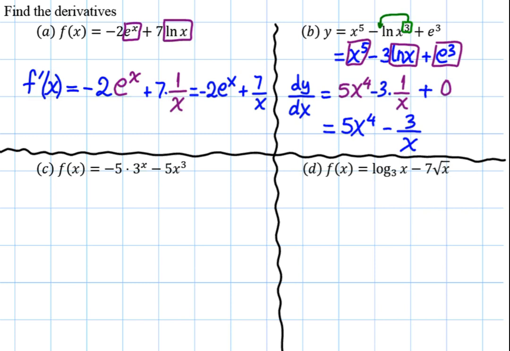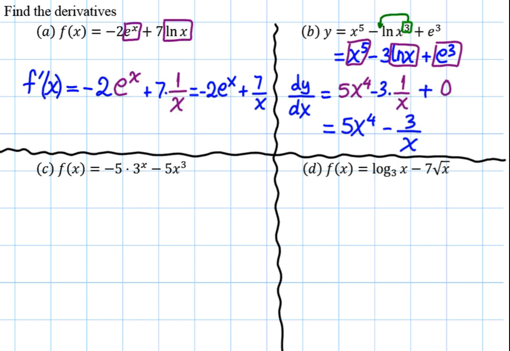Next, we have negative 5 times 3 to the x power minus 5 times x cubed. The important thing here is to recognize the difference between the 3 to the x and x cubed. In the first one, x is in the power, so that's the exponential rule, and in the second one, x is the base, so that is the power rule. Right.